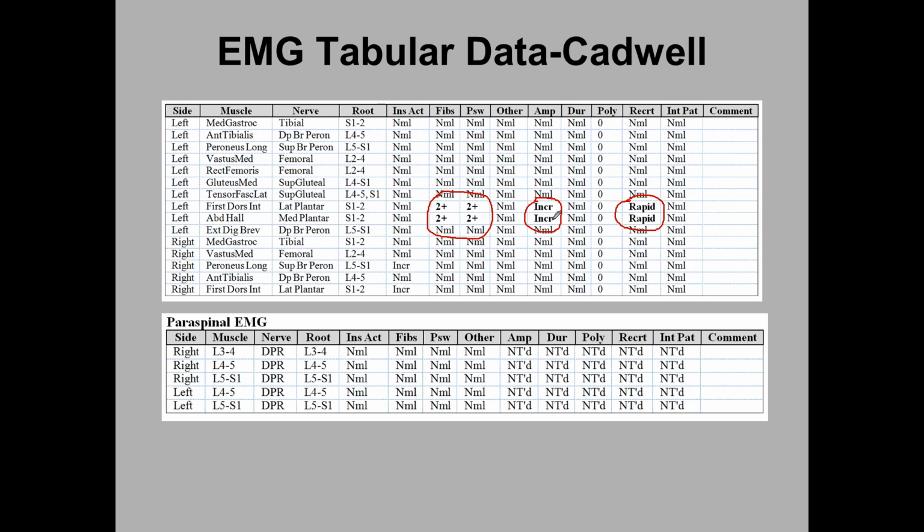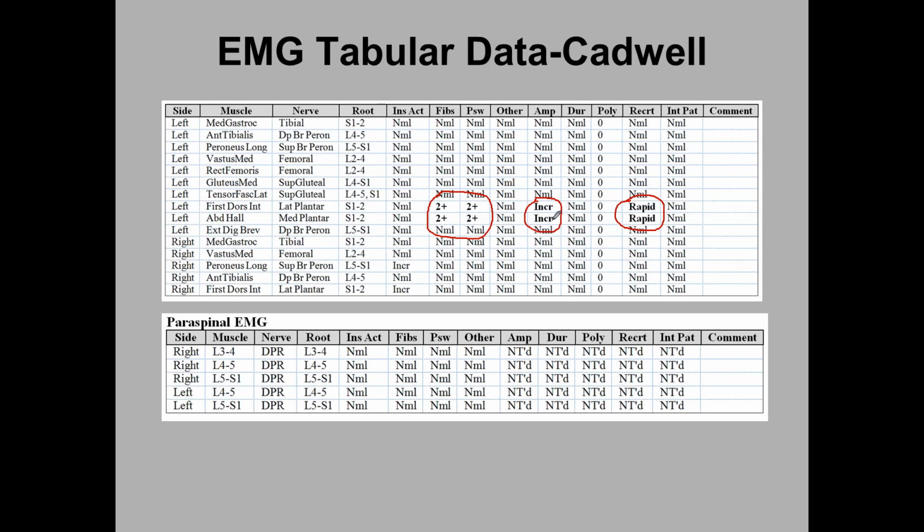Everybody remember that? What does a long duration polyphasic represent? Some type of regeneration. No. A long duration polyphasic of normal amplitude represents immature collateral axon sprouts.